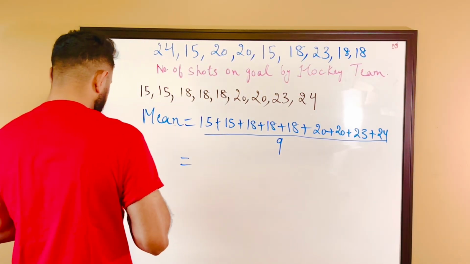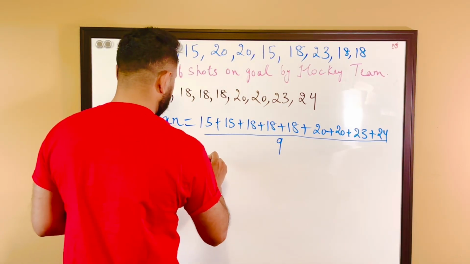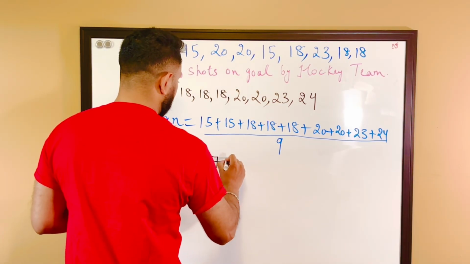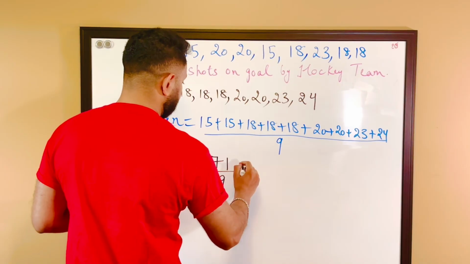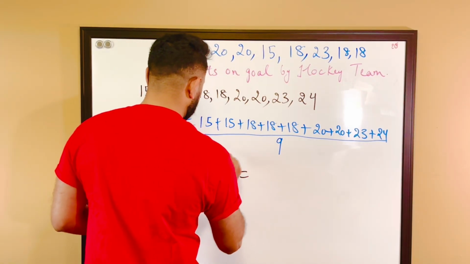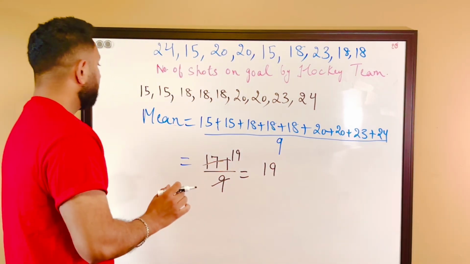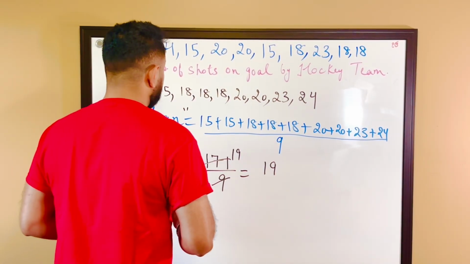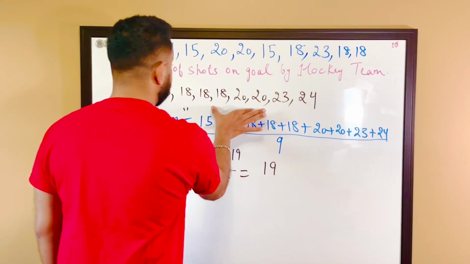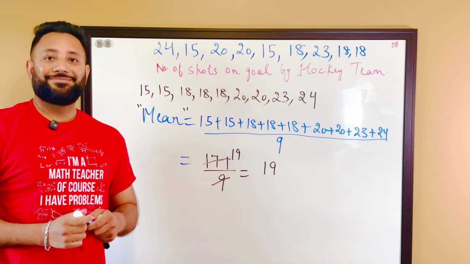So after addition, 171 divided by 9, and the answer comes out to be 19. So that means the mean of these data values is 19.